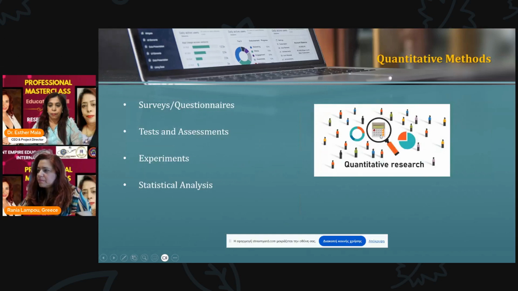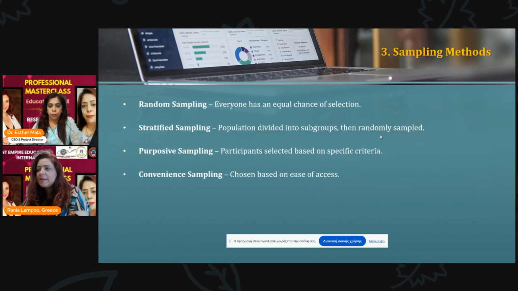So, now about the sampling methods. The sampling methods define how participants or cases are selected. You need to know these terms, these definitions. Random sampling, when everyone has an equal chance of selection. Stratified sampling, when a population is divided into subgroups, and then they are randomly sampled. Purposive sampling, when participants are selected based on specific criteria, and convenience sampling, which is chosen based on ease of access.